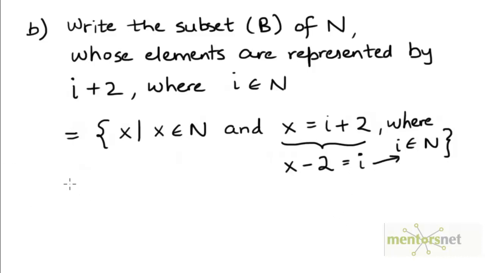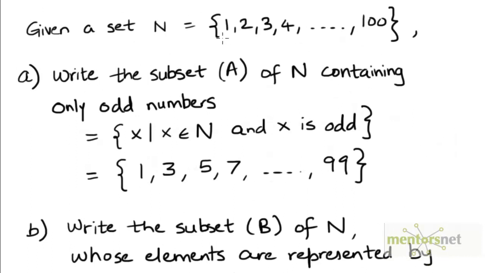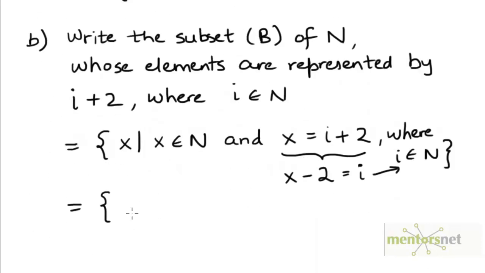So if we have to write the set B in roster form, we will start out by considering all the elements of n one by one, subtracting 2 from each of them, and seeing whether we still get a number that belongs to n or not. If we do, then we'll put that element into the set B. Otherwise, we'll just ignore it and move on.